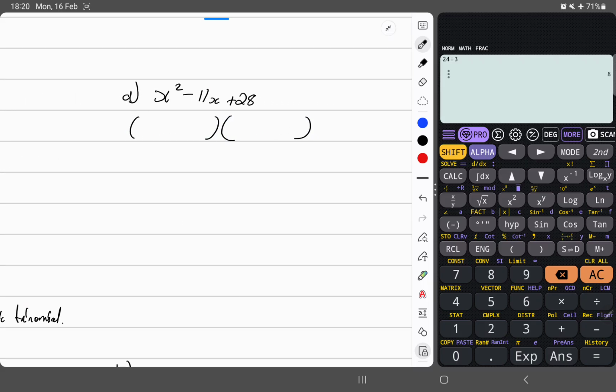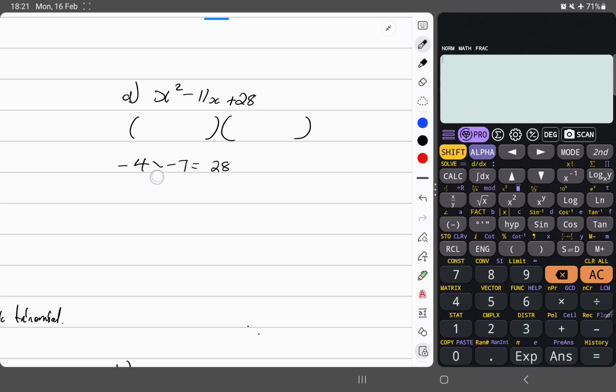Open two brackets as well. Two numbers, when you multiply, they give you 28, but then when you add, they give you negative 11. 14 times 2, that is 28, and 14 minus 2, that is 12. Okay. 28 divided by 4, we're having a 7. Means it's between a 4 and a 7, right? Therefore, negative 4 times negative 7 is going to give us a positive 28.